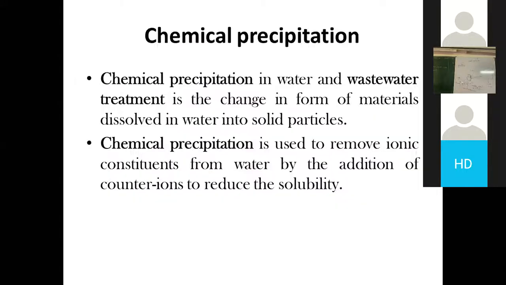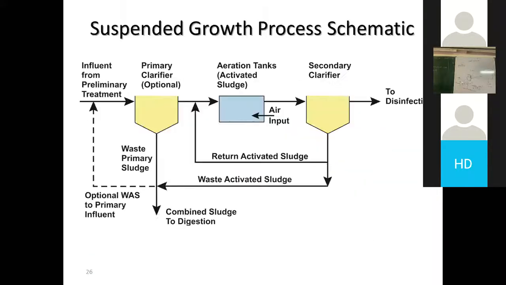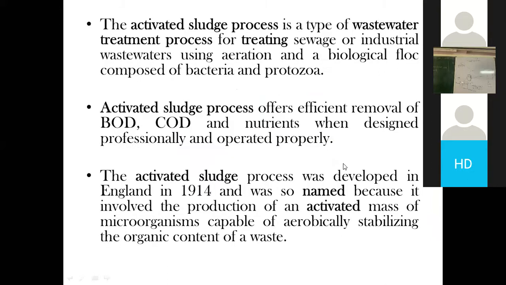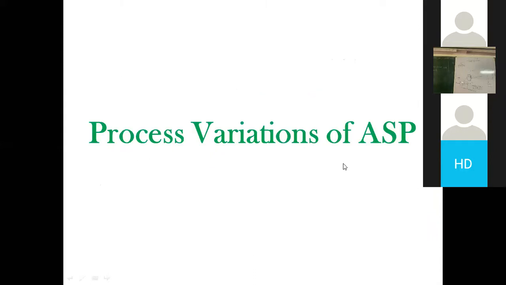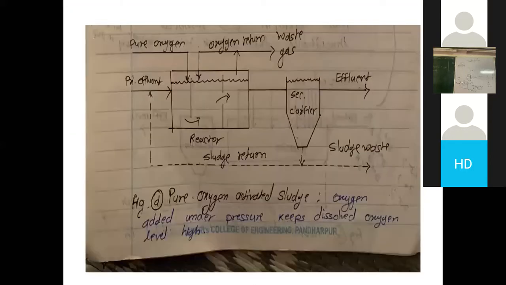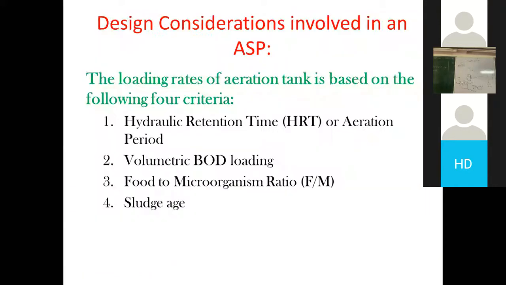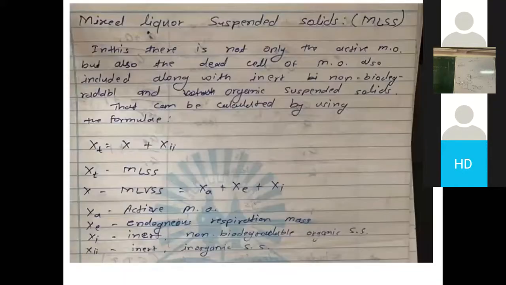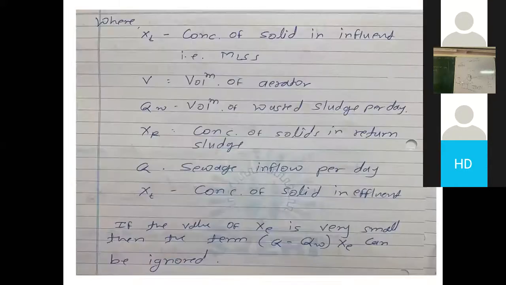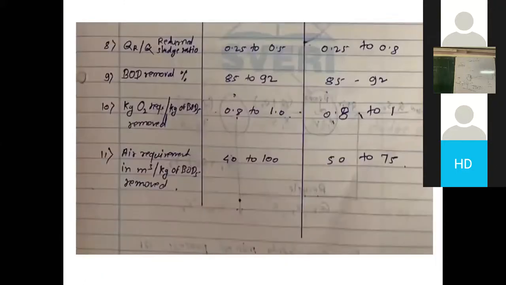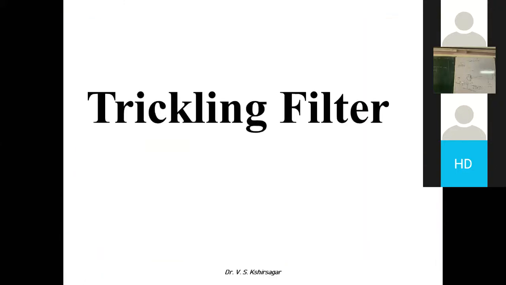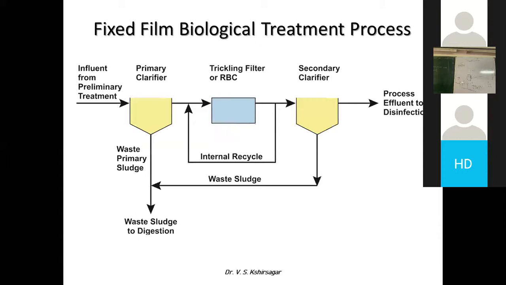But the most popular one is the activated sludge process. Okay, this is the suspended growth process we saw as the activated sludge process, and this we have completed. Okay, now this is the trickling filter.